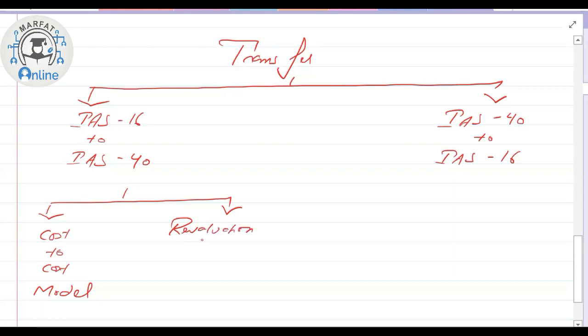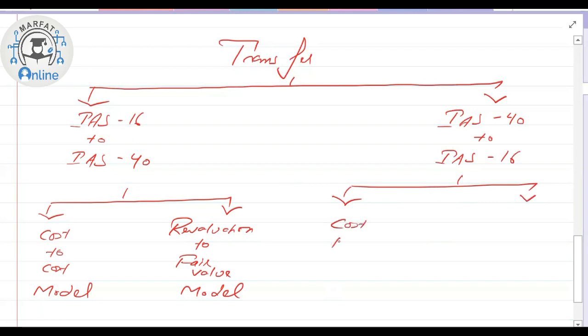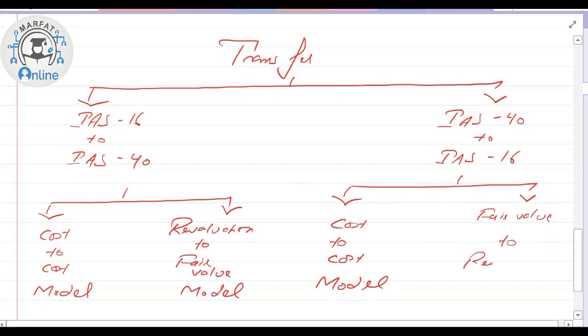Revaluation to fair value model. Now these models are different obviously. Again here, IAS-40 to IAS-16, cost to cost model, and fair value to revaluation model.